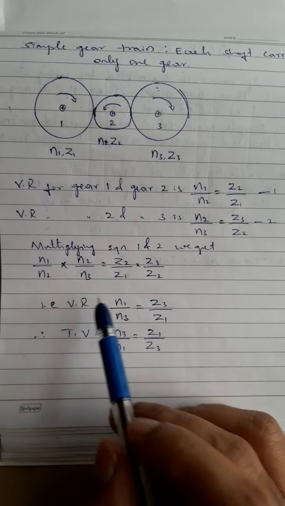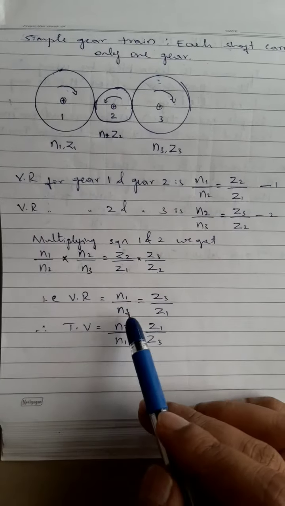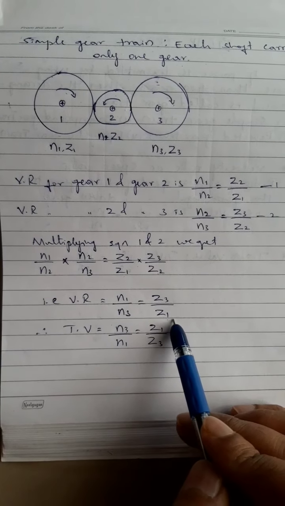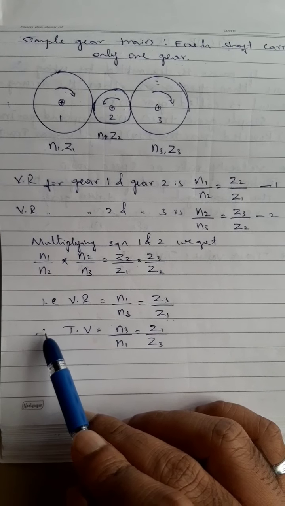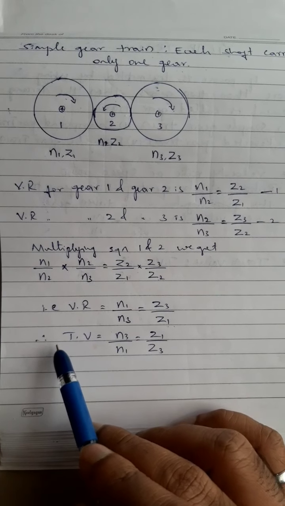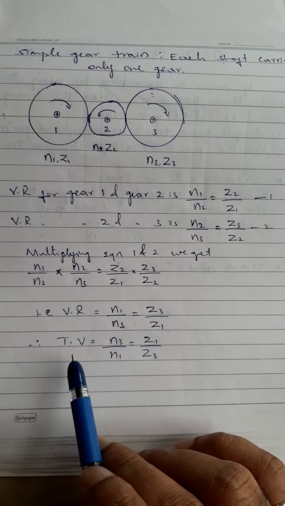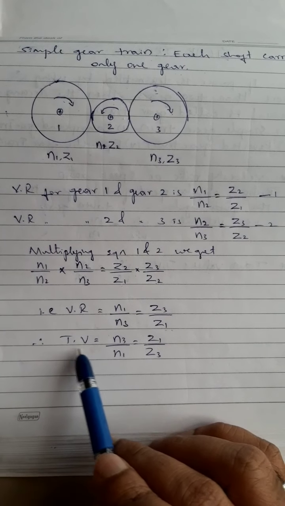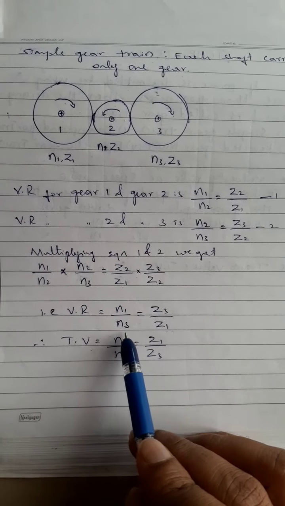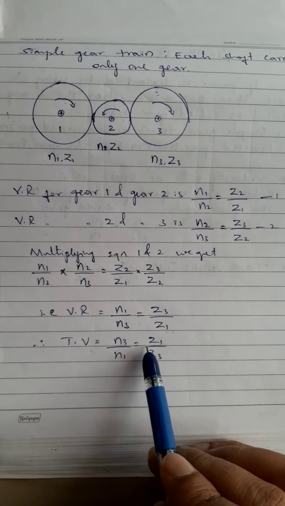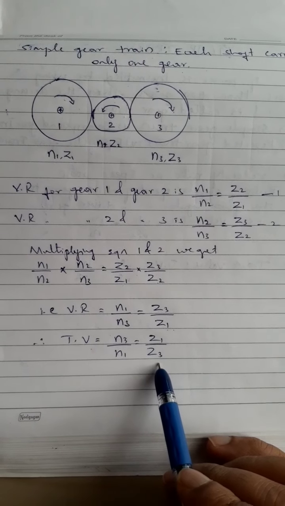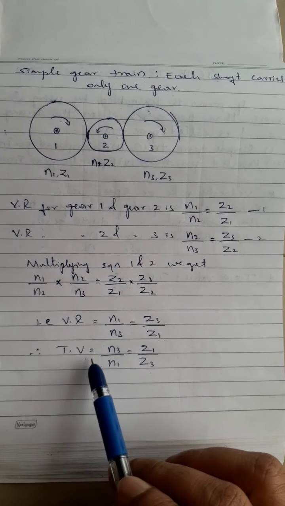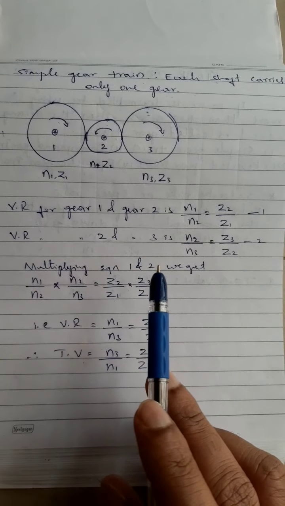Therefore the velocity ratio for this gear train arrangement is n1 by n3 is equal to z3 by z1. Similarly, we know that the train value for the gear train is the reciprocal of the velocity ratio. Therefore train value is equal to n3 by n1 is equal to z1 by z3. So this is the method of finding velocity ratio and train value for the simple gear train.